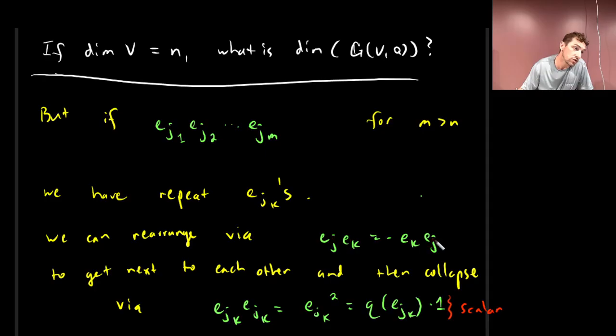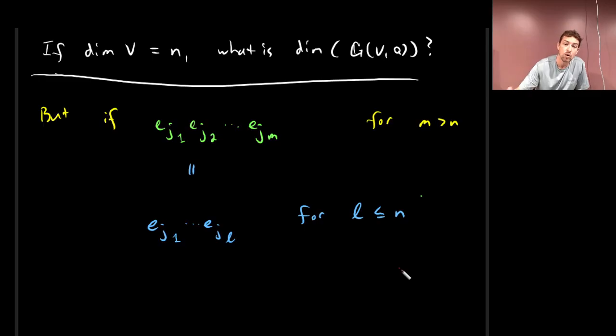We can use this relationship to swap orders until we get repeats right next to each other. And every time we get a pair of repeats next to each other, we get a collapse. We'll swap them around, square it, and this will be a scalar, so we'll shrink down. So this is going to be equivalent to and reduced down to some other product from the orthonormal basis, but where L is less than or equal to n.